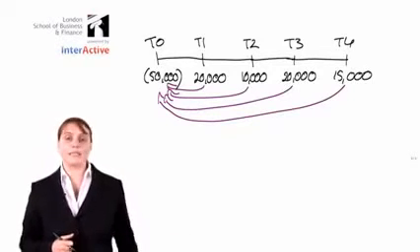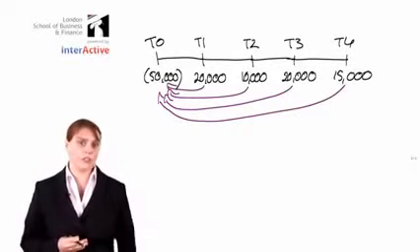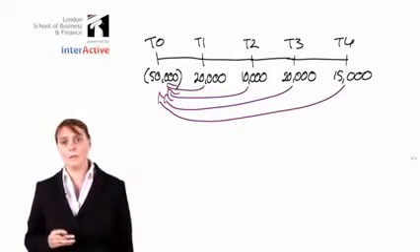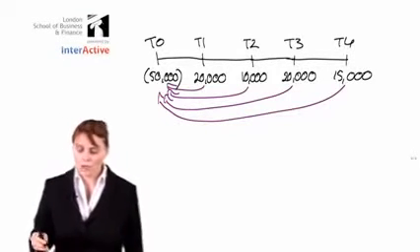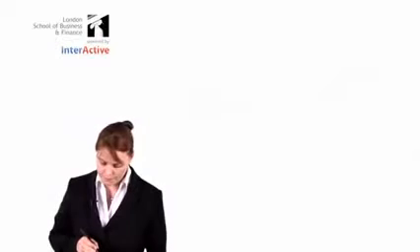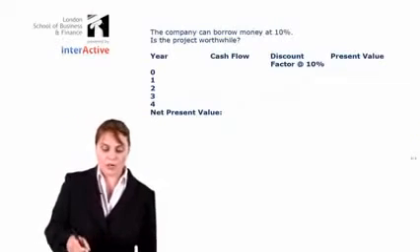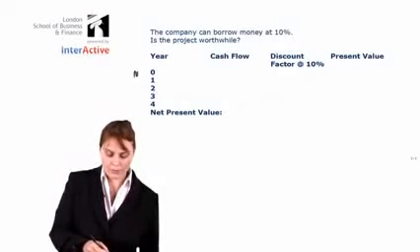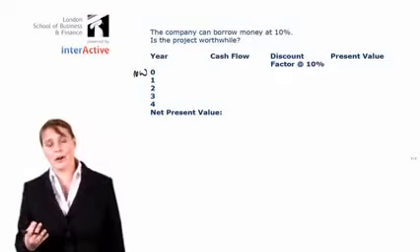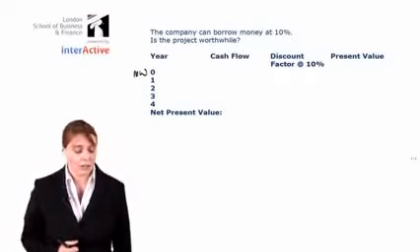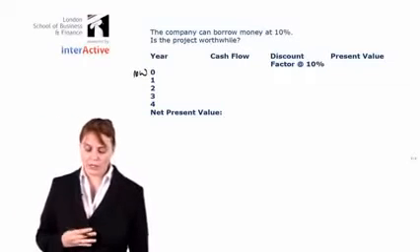Now, in any net present value question, the most efficient way of doing it is to set up a little table for yourself. So we want to look at, for each year, starting with the present, so we say year 0, what I mean is today, and subsequent years.